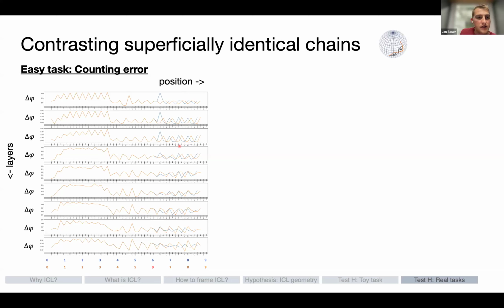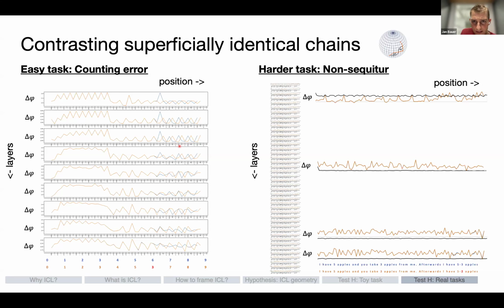All right, and then we wanted to push this a bit to the limit and introduce the harder task. Here the task now is these two prompts, again syntactically similar, but there is a subtle error. I'm not sure, maybe it is too small, so I'm going to read it out. It says, I have 5 apples and you take 3 apples from me.